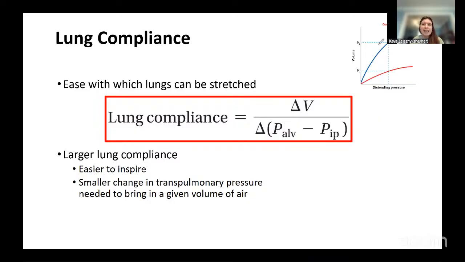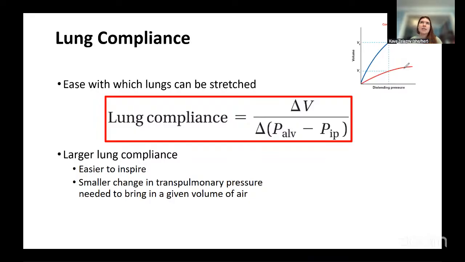So for our highly compliant structures, we've got something that can be easily stretched out with only a little bit of a change in pressure. Versus something with low compliance, those are typically going to have pretty high pressures and not much change in volume associated with that.